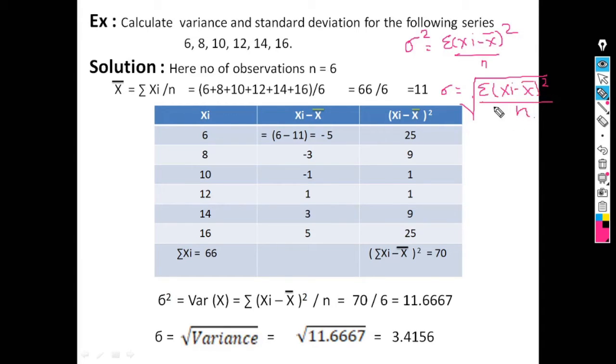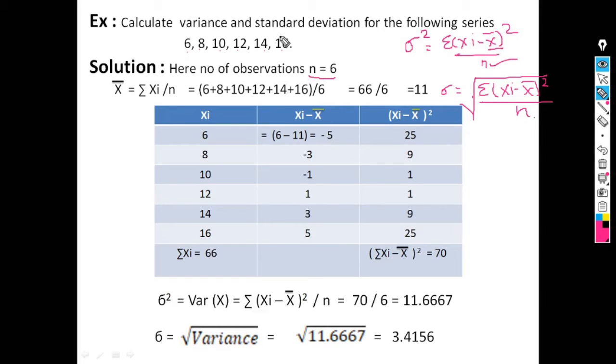So for this we have to calculate summation of xi minus x bar square, means firstly we have to find x bar and the value of n. Here number of observations are 1, 2, 3, 4, 5 and 6. So number of observations n is equal to 6. Then we have to calculate x bar.